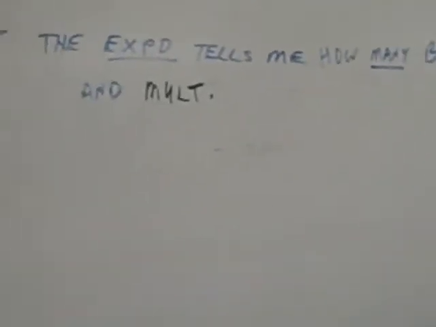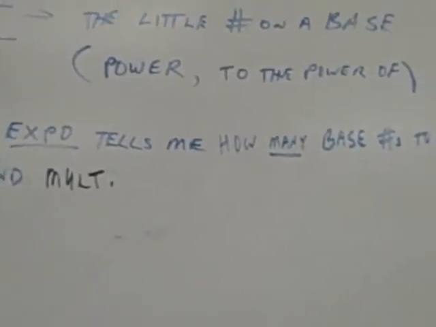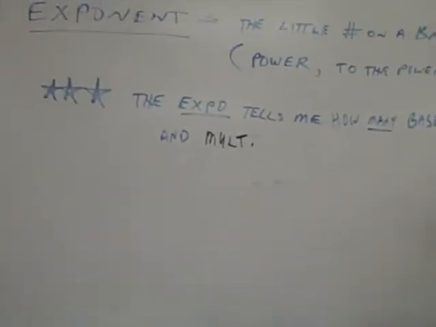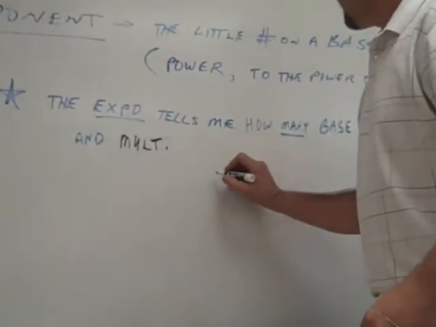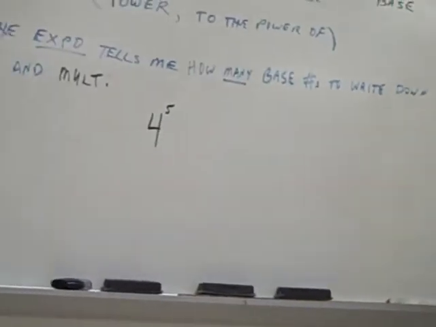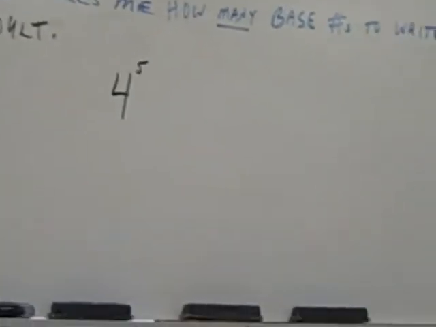Now you may not understand this yet, but I'm about to show you. Alright. The exponent tells me how many base numbers to write down and multiply. So, our example here, we had 4 to the 5th power, or 4 exponent 5. That's what we had up here, right? Okay.